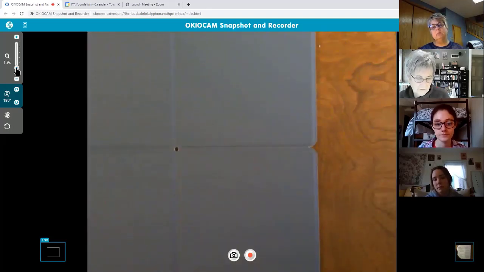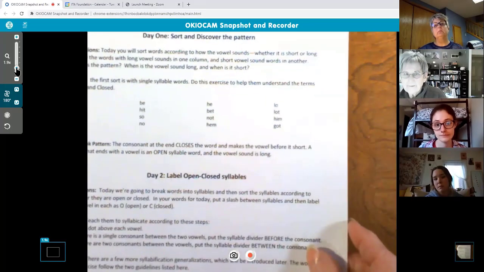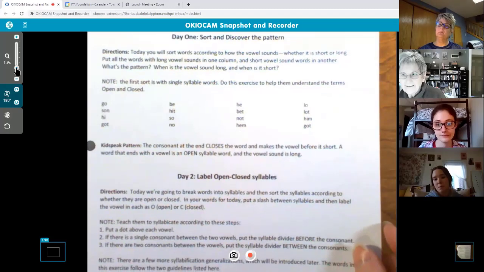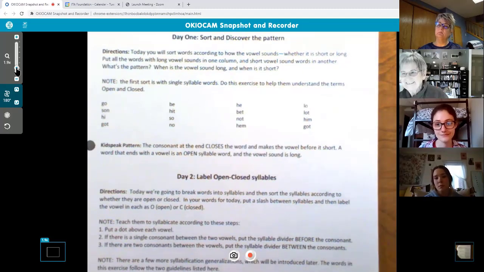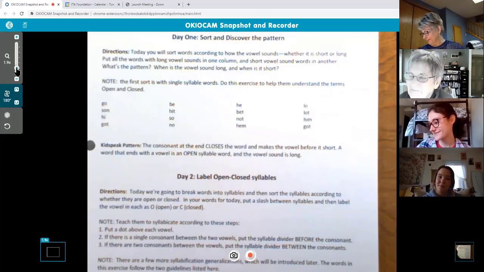So are both of you real conversant with open and closed syllables? Yes, no? All right. This is probably one of the most important understandings of how written English is pronounced. Okay.